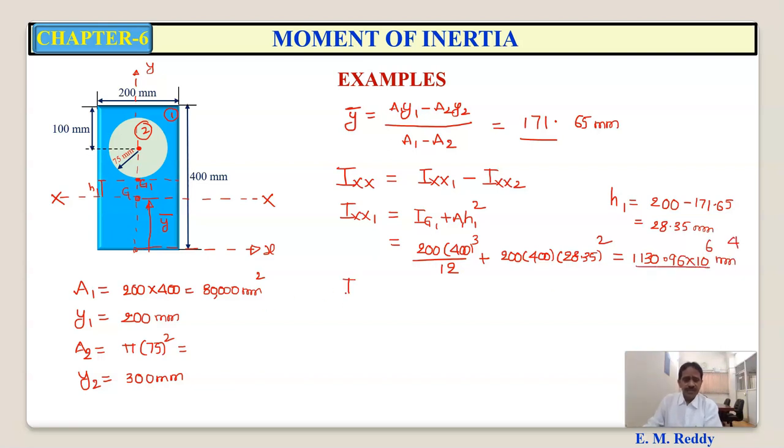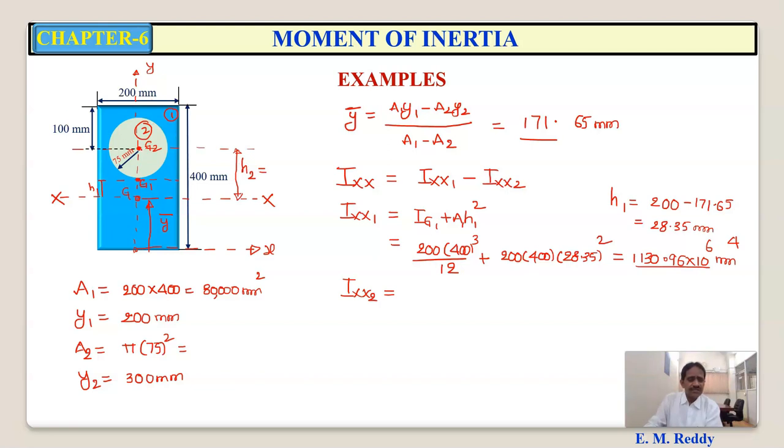Similarly, you can find out Ixx2 for the circle. So for circle, this is G2, centroid of the circle. The distance between these two parallel axes, centroid of the circle and the centroid of the whole section, is H2, right? So what is H2 now? So total 400 minus 100.